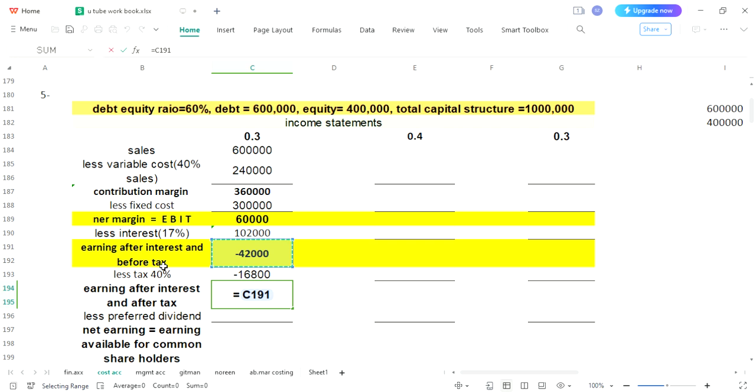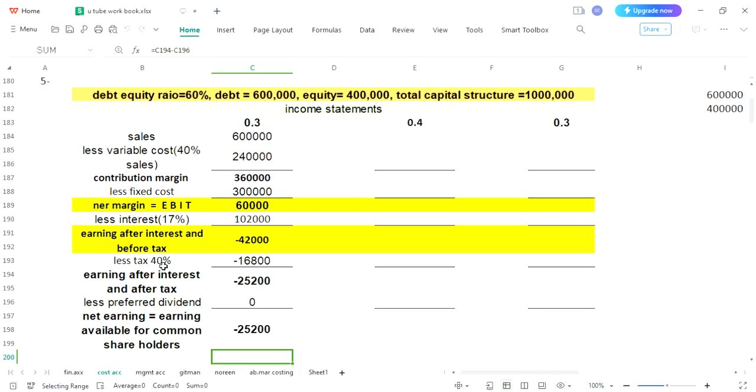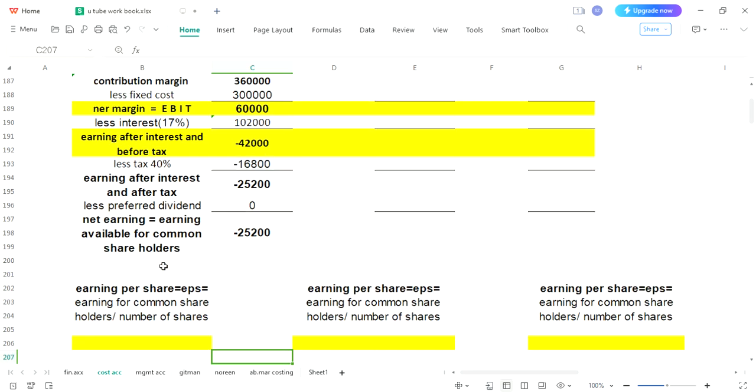Minus 42,000 previous earning and minus 16,800 is the amount of tax. So we have got our earning after tax. No preferred dividend is present. So we can now calculate earning available for common shareholders, previous earning minus preferred dividend. We have got earning available for common shareholders, which is actually a loss due to the negative sign.